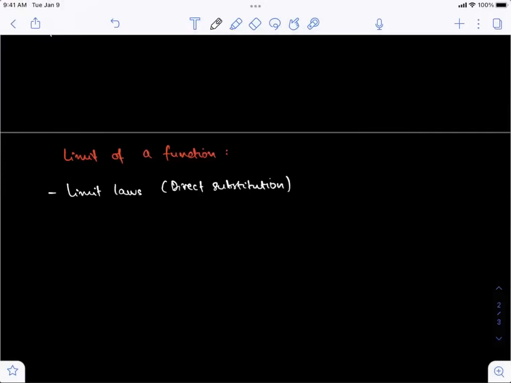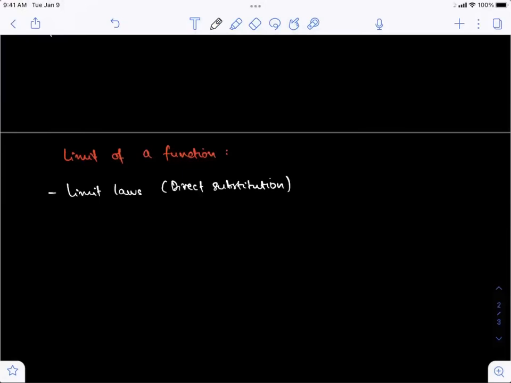So we can just use direct substitution to calculate the limit of the functions. However, as we have done up to this point, most of the time we don't have the luxury of just directly using direct substitution and getting the result.